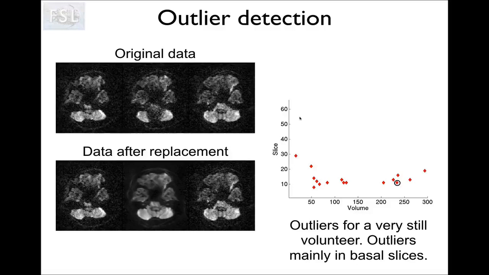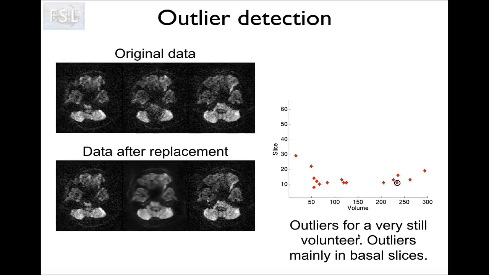And this is just to look at the distribution of outliers across volumes. So what we have here is 300 volumes, and we can see for this particular volunteer, who I think was one of the people who worked with the HCP, I'm not going to mention names, he was a trained volunteer and was able to lie very, very still.